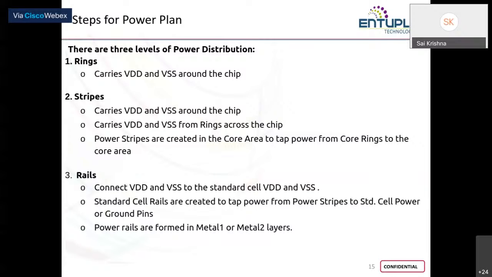Please note that every metal during fabrication is drawn at a certain height. Let's say you take a zero level reference for polysilicon; above polysilicon at a certain height, your metal 1 is drawn, above that your metal 2, above that your metal 3, and so on.